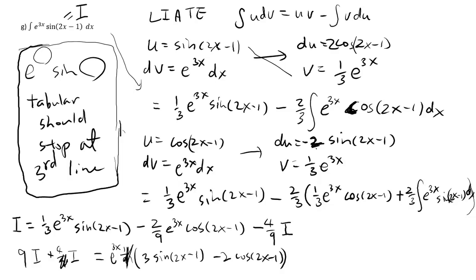So you end up having 9 plus 4, which is 13, and if you divide, the final answer is that you have 1/13 e to the 3x, and then 3 sine 2x minus 1 minus 2 cosine 2x minus 1, and then everything plus c. So that's the final answer.